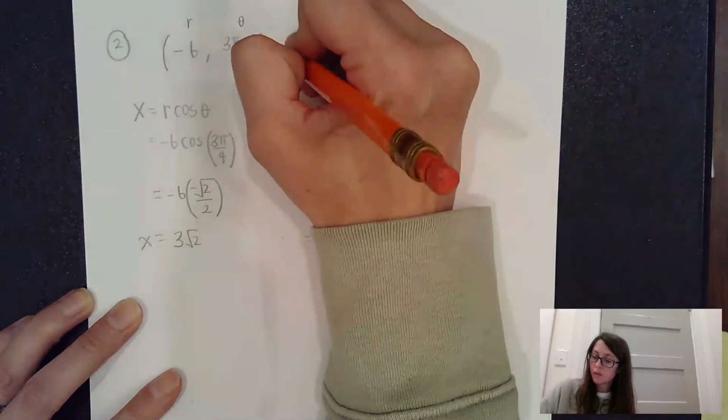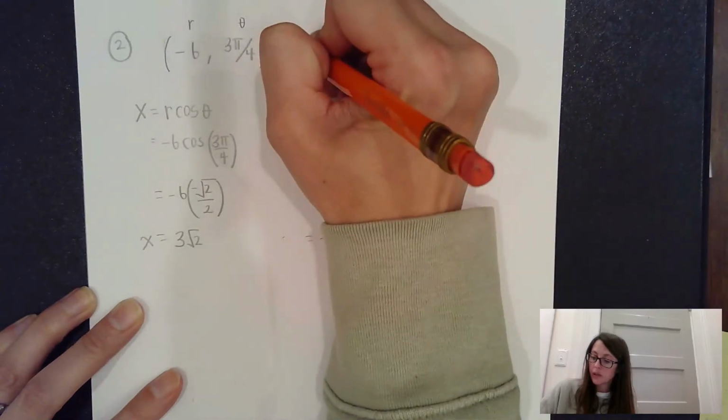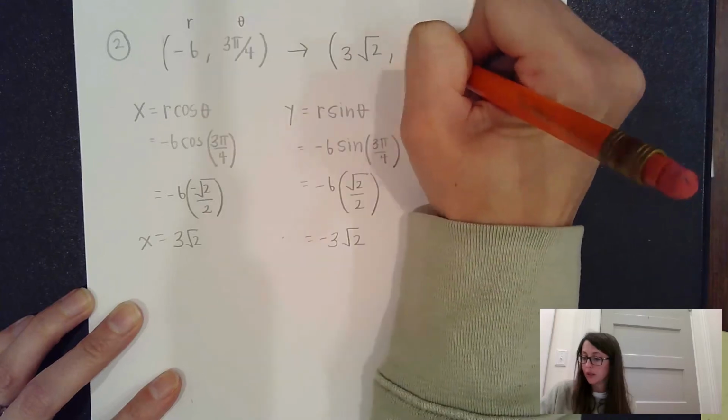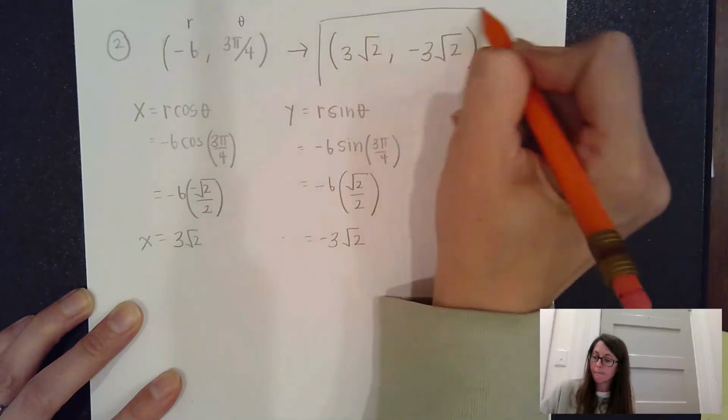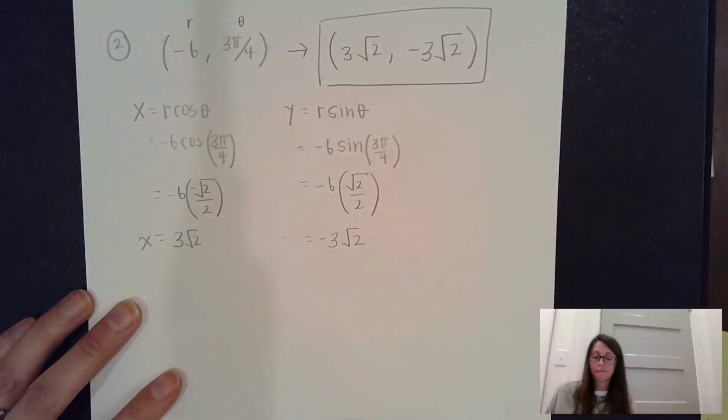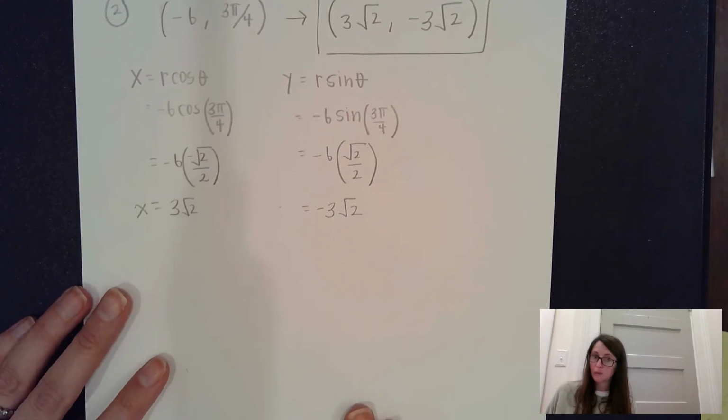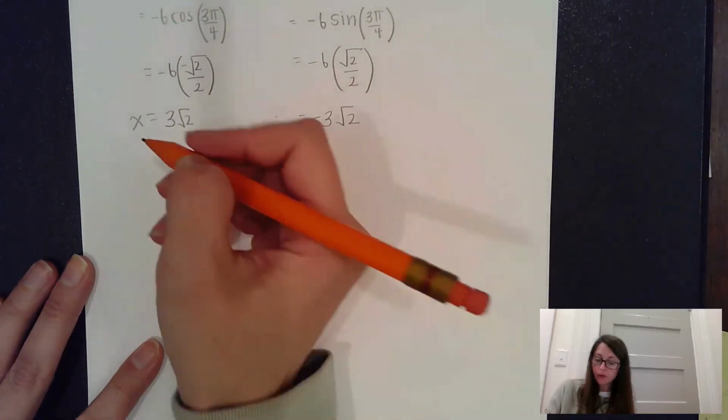So the x coordinate is going to be 3 square roots of 2, and the y coordinate will be a negative 3 square roots of 2. Okay, all right, let's do one more.